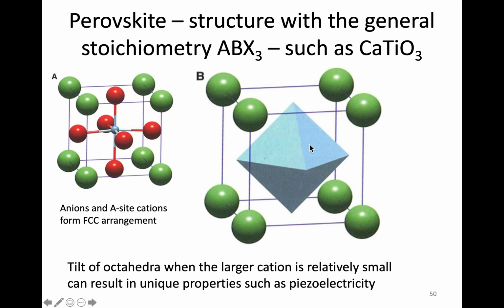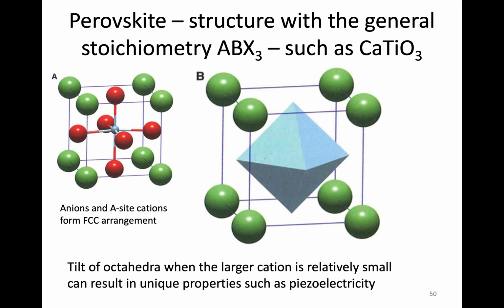And what that does is it results in some interesting electronic properties, resulting in piezoelectricity. If you're familiar with certain sensors that measure strain or force, a lot of these do it by this piezoelectric property, in which an applied force results in electronic properties which we can use in sensors.